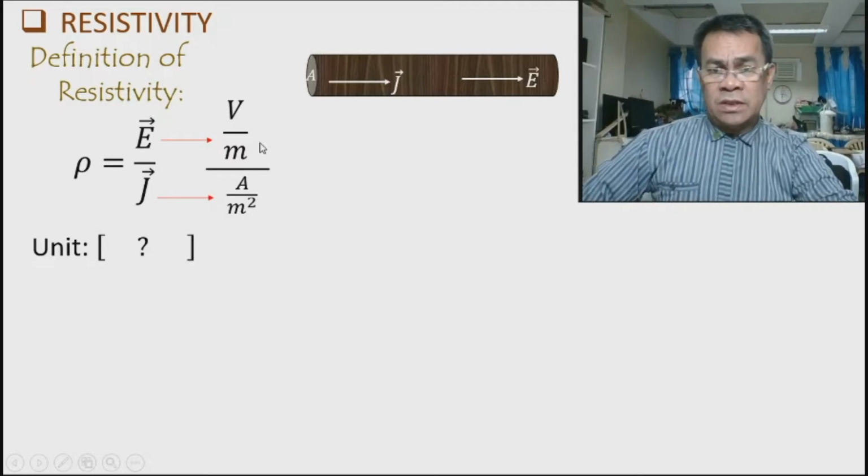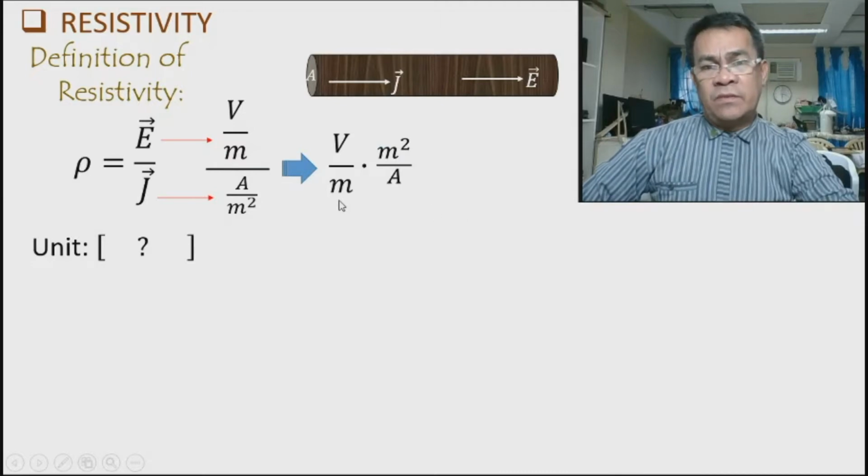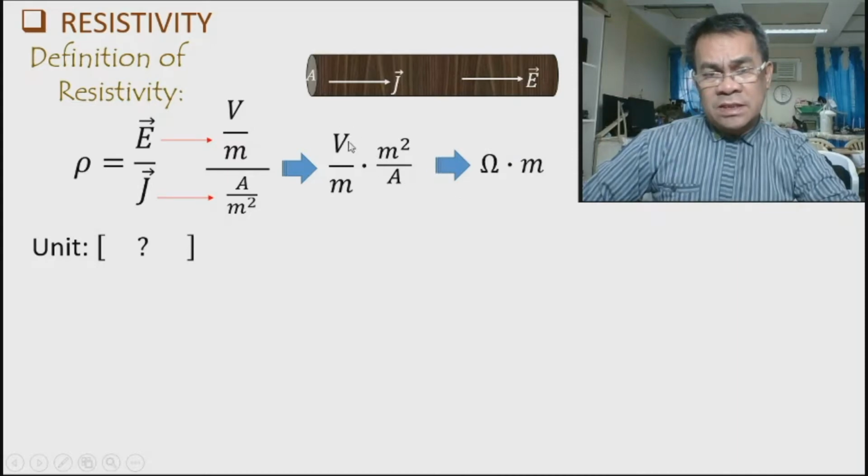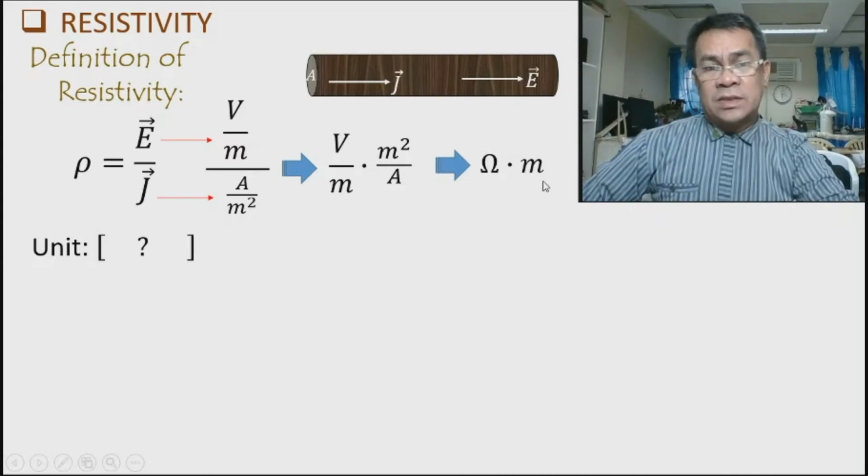So do it this way. Take note, this is a fraction, so copy the numerator, then invert the divisor. Then we can cancel this meter, so this will become meter only, and this will be cancelled out. Now take note that volt per ampere is ohms.